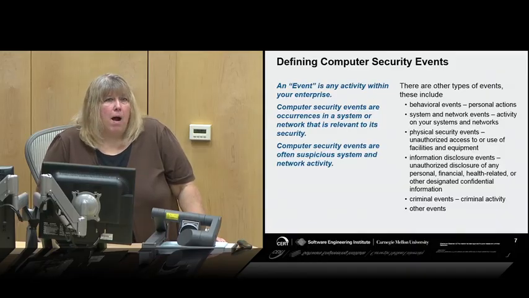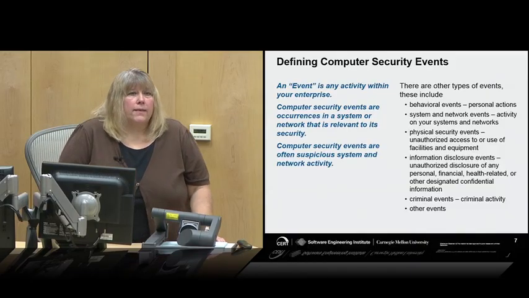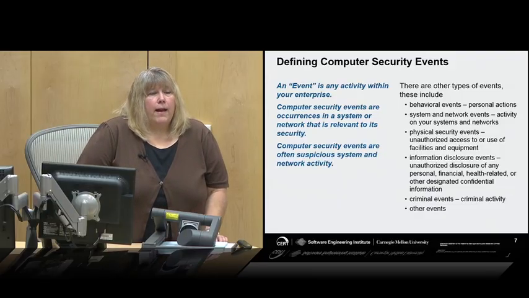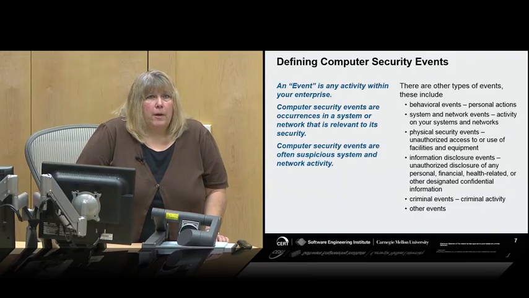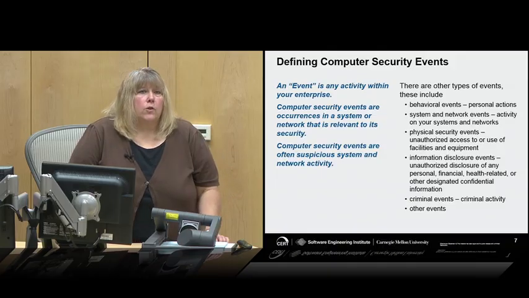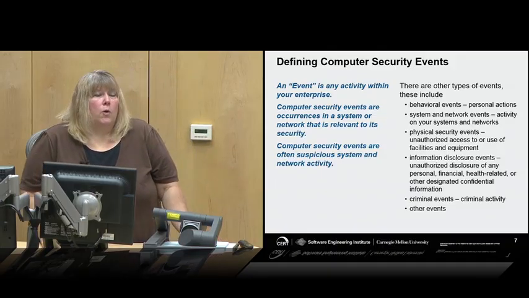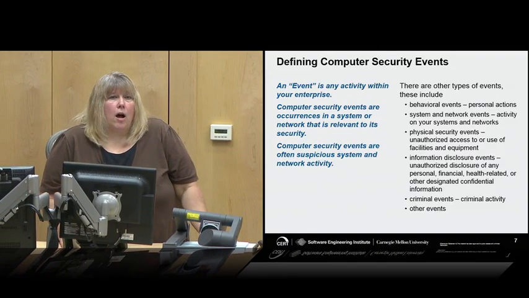We have to keep in mind, though, that system and network events are not the only things that are happening around us. And we have to understand that events can be a broad category. There can be things that people do, so there can be personal or behavioral activities. There can be physical security events, so someone trying to get into an unauthorized area to get access to protected equipment, maybe that has sensitive data on it.